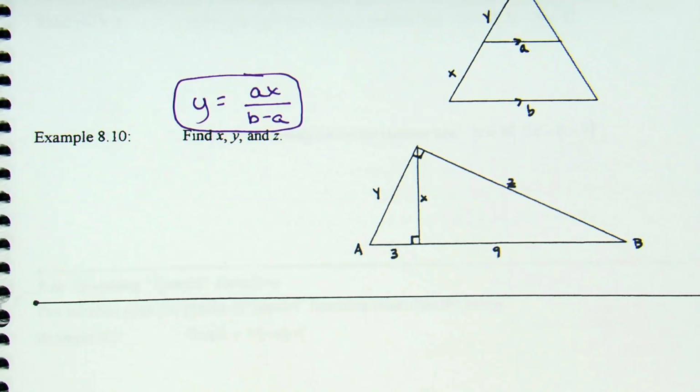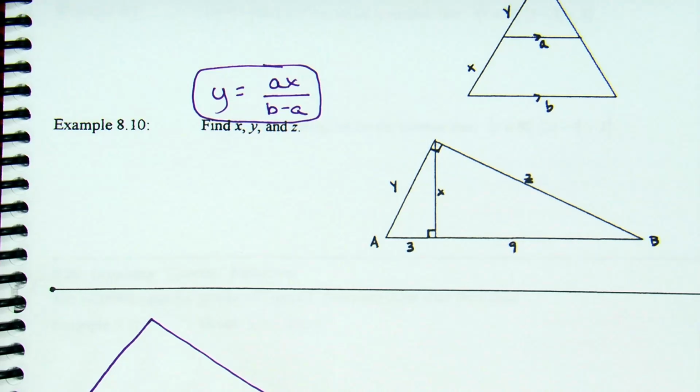With that whole big triangle, what do we have? The right angle at the top, a z on the longer leg, a y on the shorter leg, and what is my hypotenuse? 12. That's the whole big triangle. Do you see that?